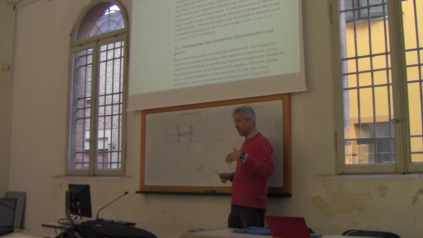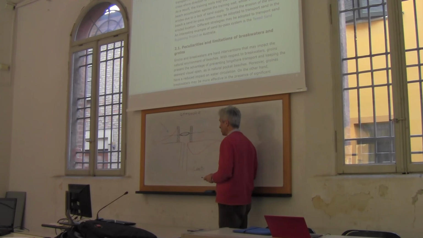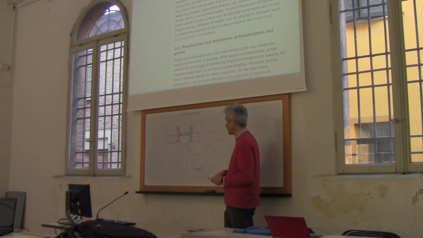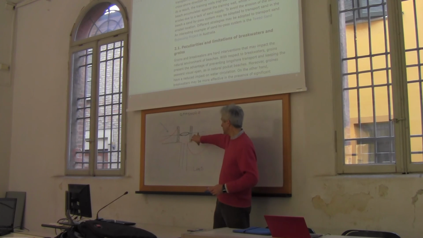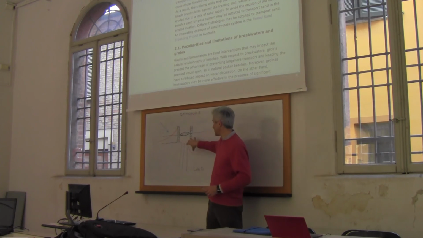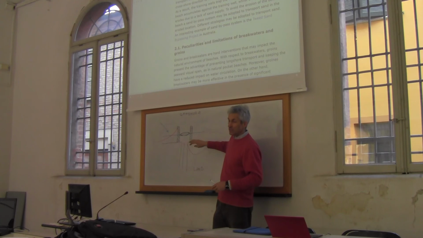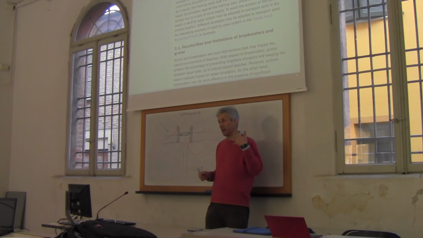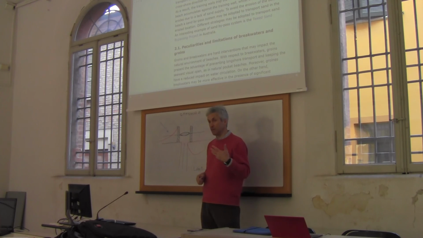So what did people invent to resolve this? They invented a process called sand bypassing. They take the sand from here and bring it here. It can be done manually, but in some cases they devised a bypassing system with pipes.